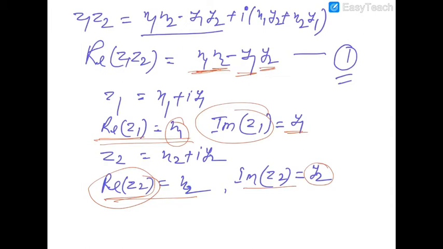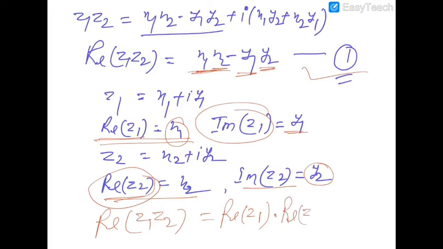In equation number 1, we now put all these values. Then your answer would be real part of z1 z2 is equal to real part of z1 multiplied with real part of z2 minus imaginary z1 into imaginary z2.